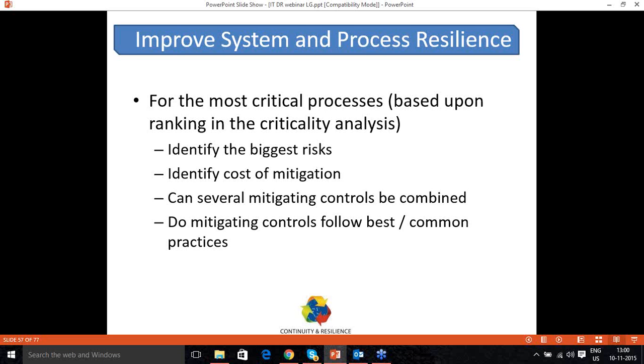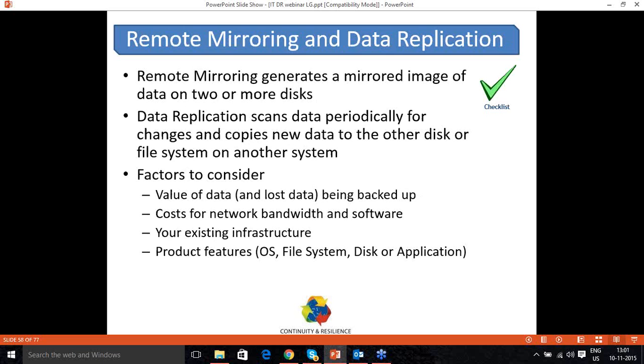Once I know which are my critical processes based on the BIA, I identify my biggest risk, the cost to mitigate that risk, what different mitigation controls are available, and whether I can combine some of them to have the best of both worlds. Are these controls aligning with common sense and common best practices or not? I need to answer all those things and I get these answers from BIA and beyond.